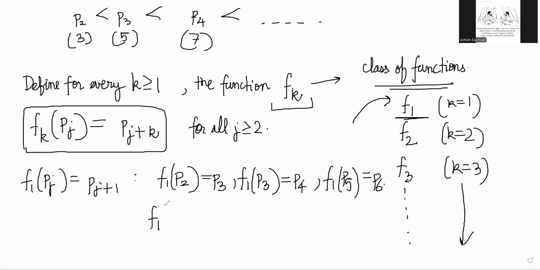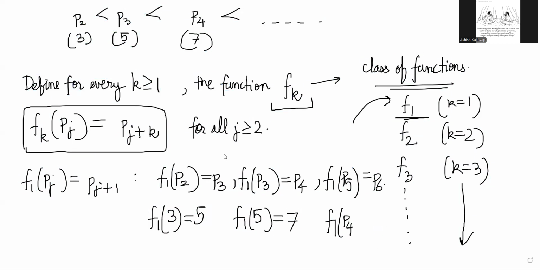So what is f of 1? What is the second prime number? 3. f of 1 of 3 is the third prime number, which is 5. f of 1 of 5, which is the third prime number, is the fourth prime number, which is 7. f of 1 of prime 4, which is basically the fourth prime number, is what? The fourth prime number is 7. So we can say from here that f of 1 of 7 will be the next prime number, which is 11.